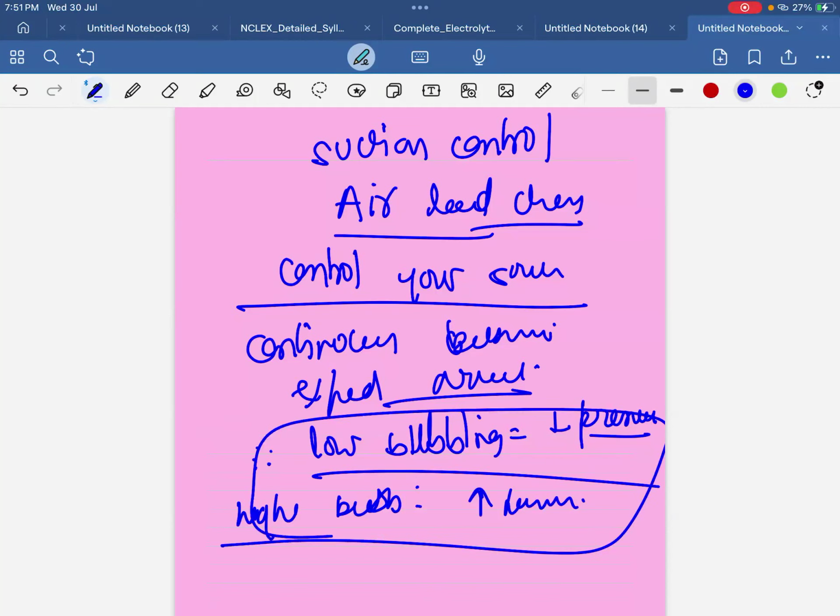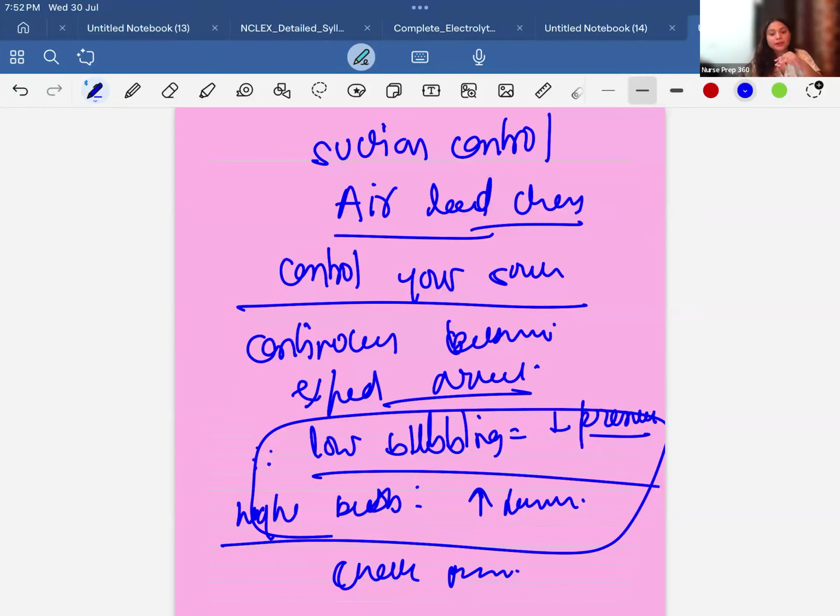So in these two conditions, check the pressure. There should be continuous suction bubbling. If there's intermittent bubbling, just report. We want continuous bubbles. If there is discontinued or intermittent bubbling, report.